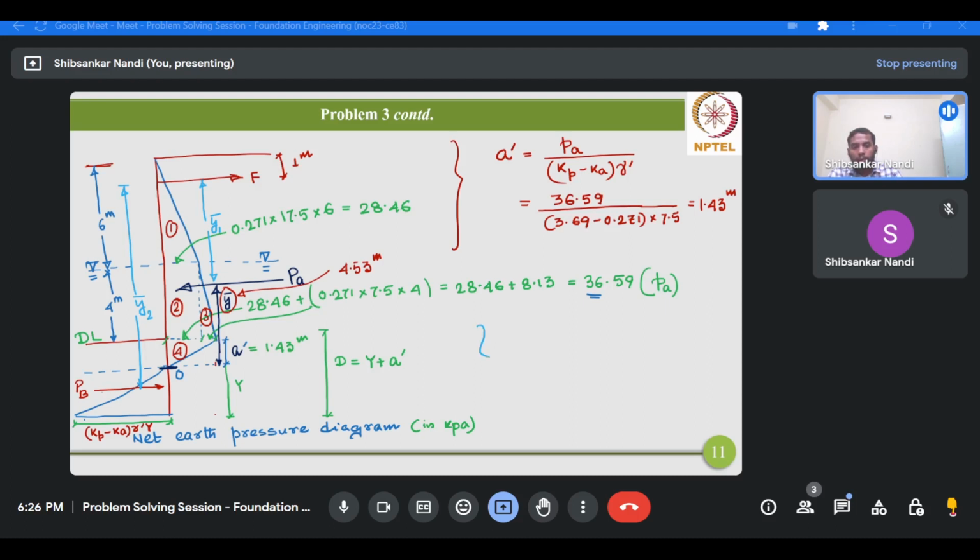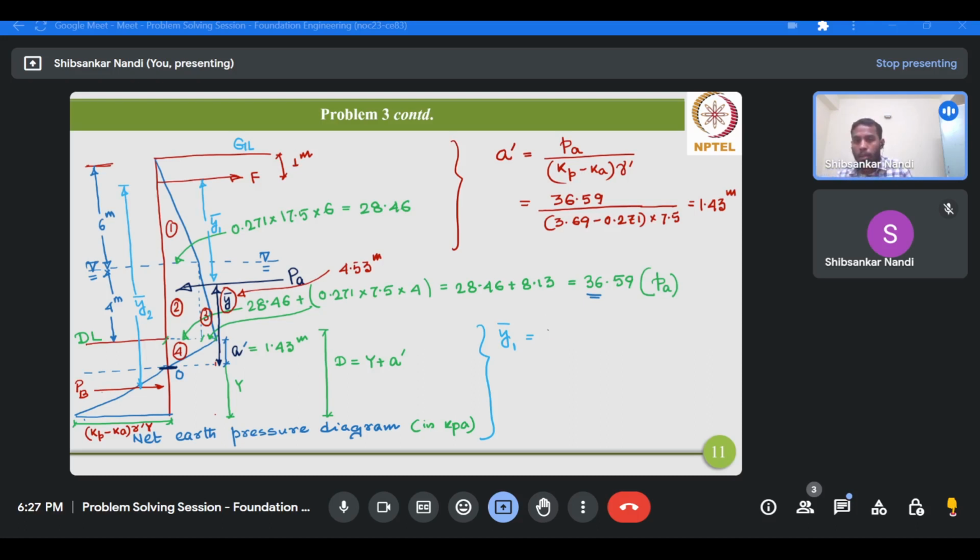Now to calculate Y1 bar and Y2 bar, since we know Y bar, with respect to this Y bar we can easily calculate Y1 bar. We'll first calculate the depth of this zero net pressure from the ground level. So this is the ground level, and from it we calculate the depth of the point where the net pressure becomes zero.